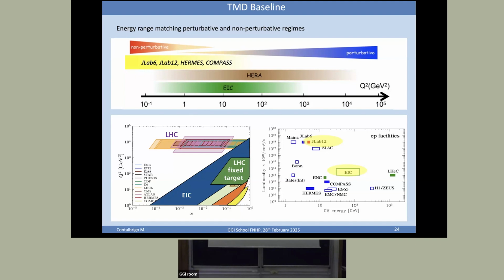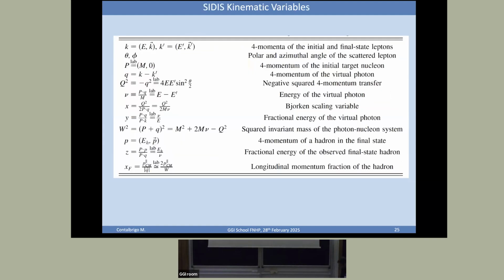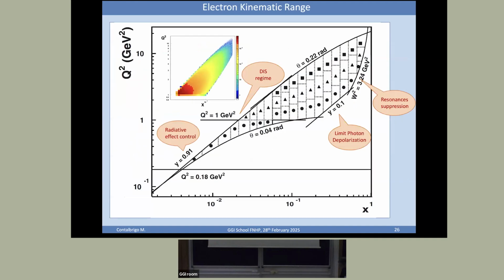And this is the aim of the two facilities that are now being realized. Let's say JLab at 12 GeV is already existing, but the experiments are still starting, and the Electron-Ion Collider is supposed to be the ultimate facility for these kinds of things. Both of them are in the States. Okay, this is just for reference, the kinematical variables.